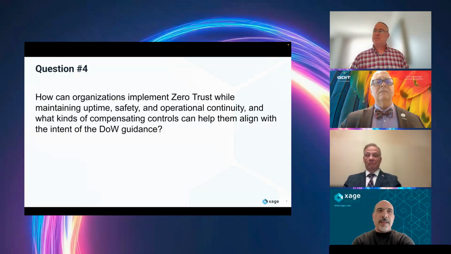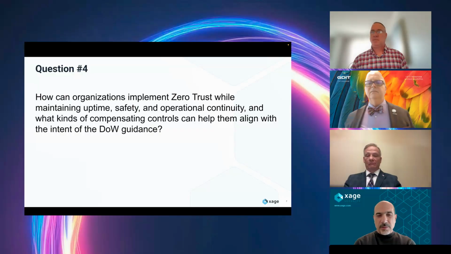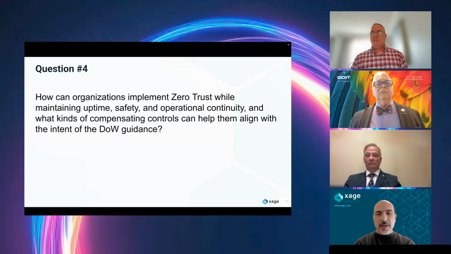Yeah, so I think the other important thing that I'd like to mention here is that the guidance actually says things like decommissioning of assets which cannot be integrated with zero trust, decommissioning them eventually. And this is a big issue, right?